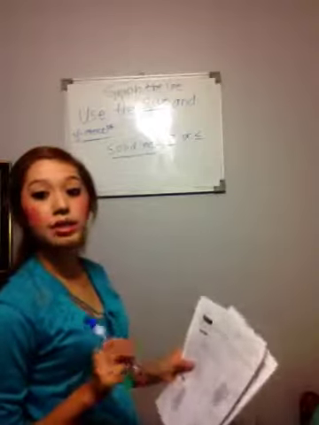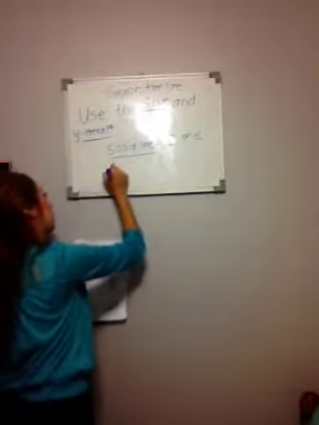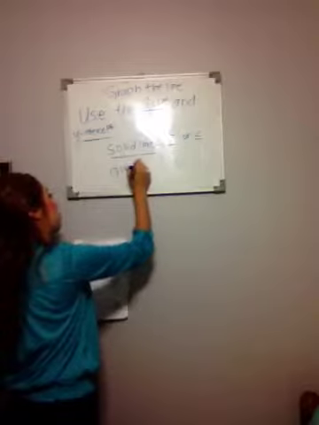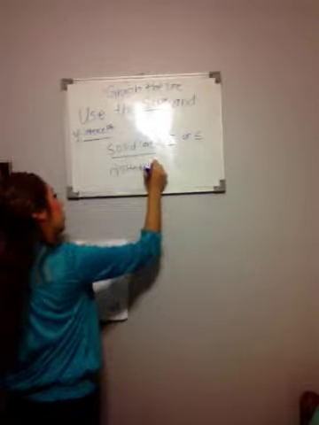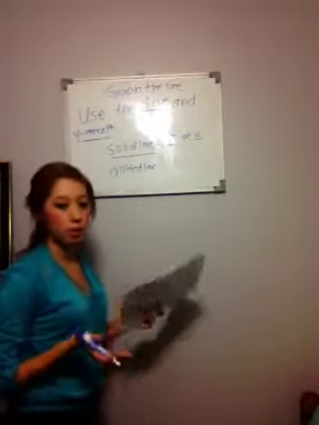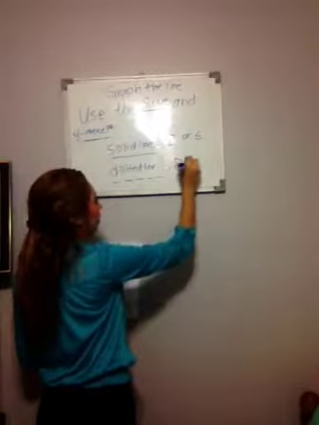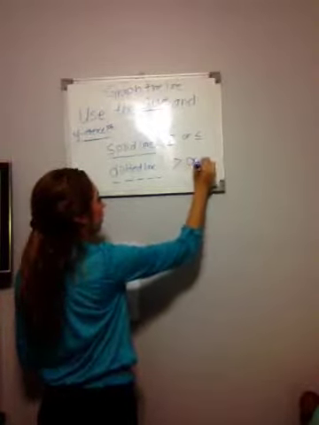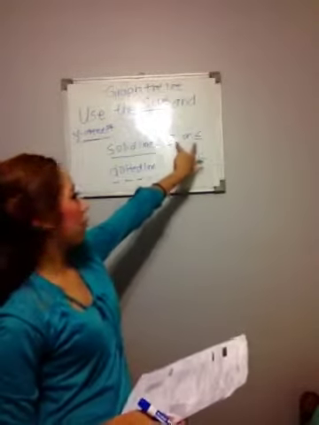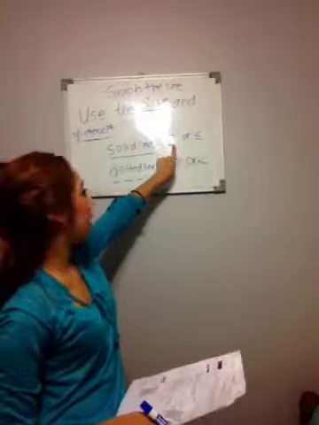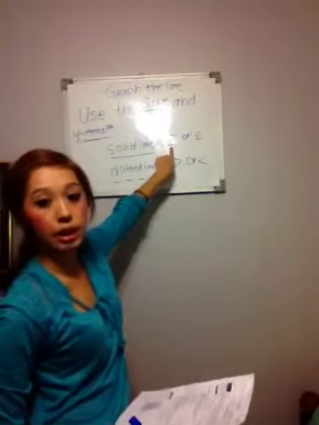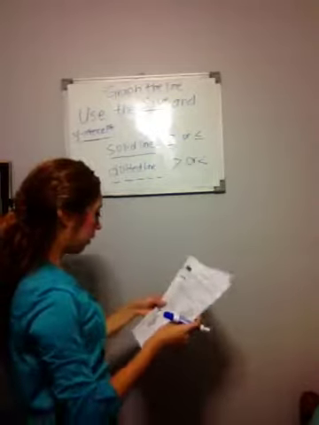And you use a dotted line, dotted or broken, whatever you want to call it. It's like that for these two signs, a greater than or less than sign. These are different from these because these have a line under it, meaning equal to. Okay?